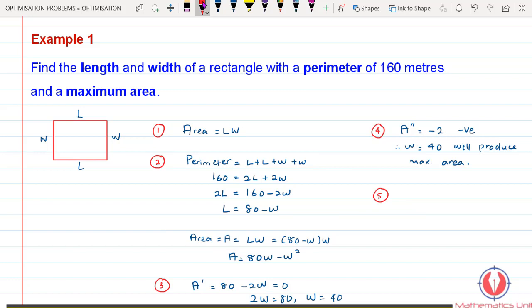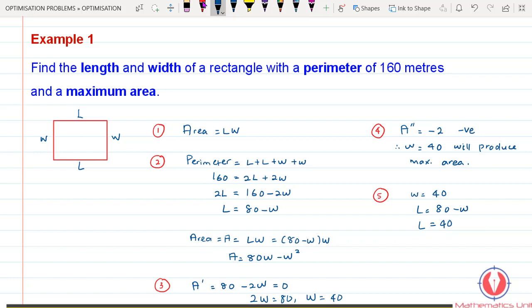Now, the question asks us to find the length and the width. Now we know the width W is equal to 40. So the length is equal to, from here, 80 minus W, and that is equal to 40 as well. In this case, both our W and L dimensions turn out to be the same. Both are equal to 40 meters.